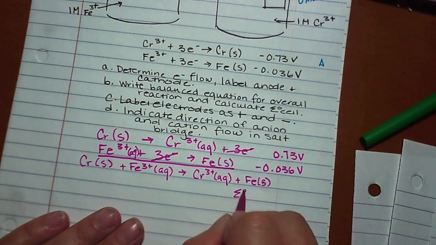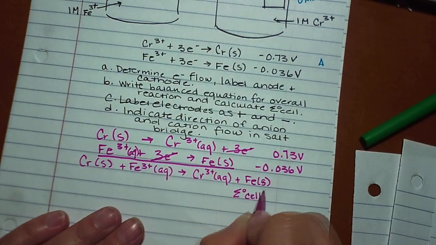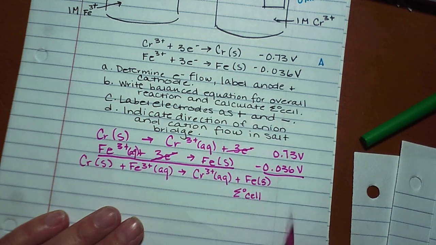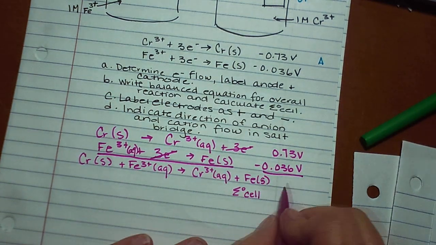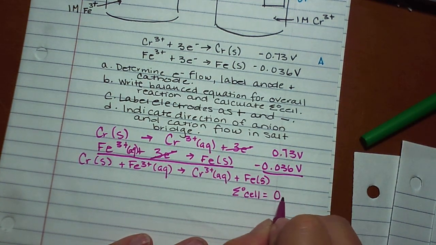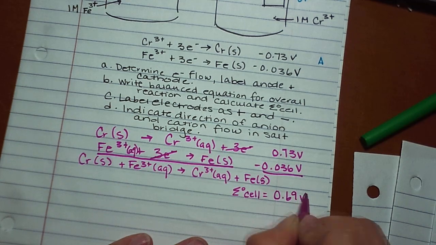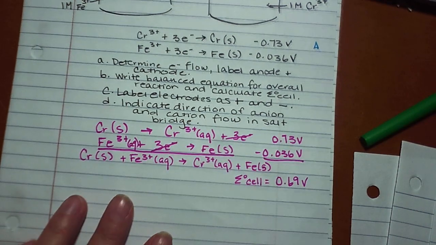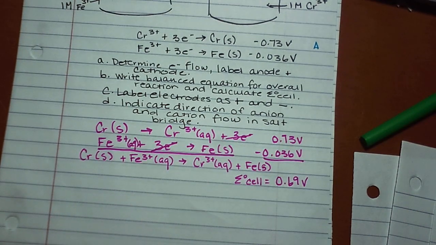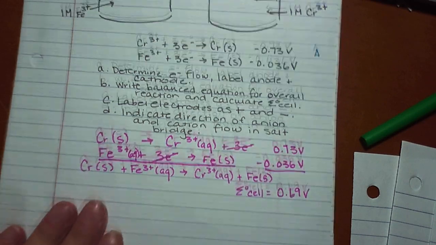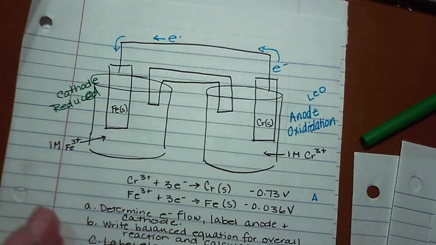Okay, and calculate E naught cell. E naught cell, I'm going to add these two together, and when I did that, I get 0.69 volts. Notice it is positive, okay? Next, label the electrons as positive and negative. Okay, which direction are my electrons headed?